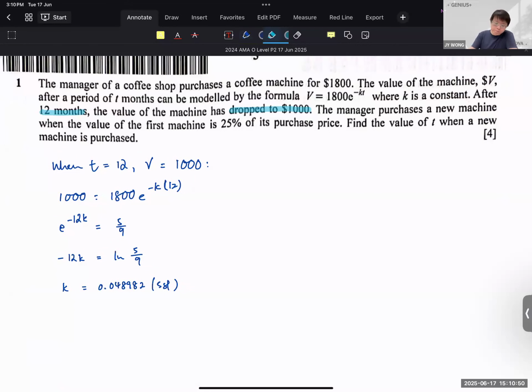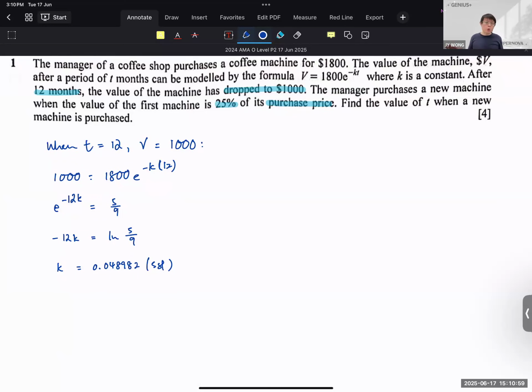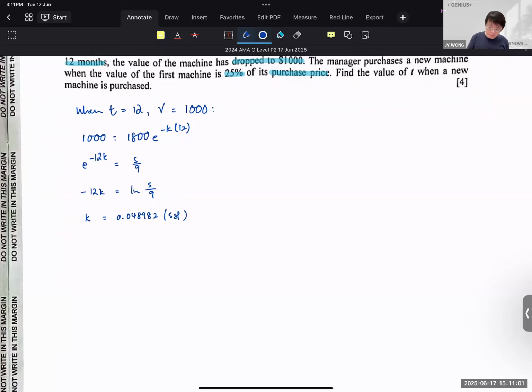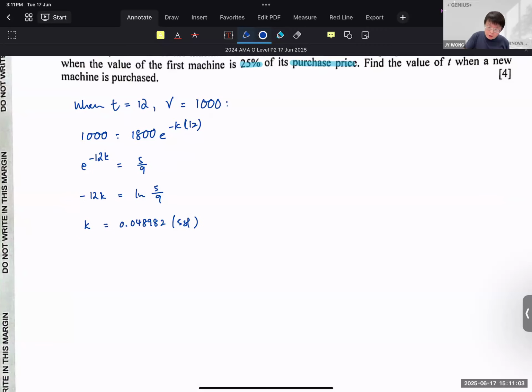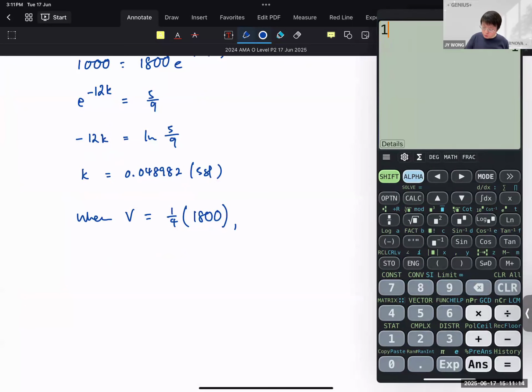Now, what do we want? The value of the first machine is 25% of its purchase price. What is 25% of the purchase price? So it's 1/4 of 1800, right? So when V equals 1/4 of 1800, or 25% of 1800, you can directly write it in, or you can write 450, up to you.